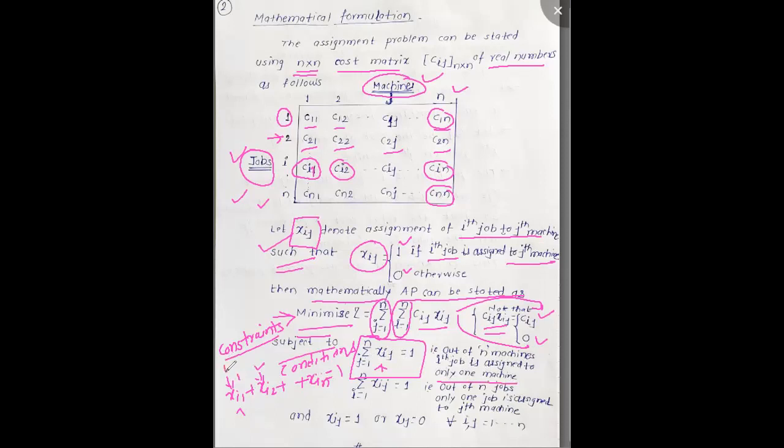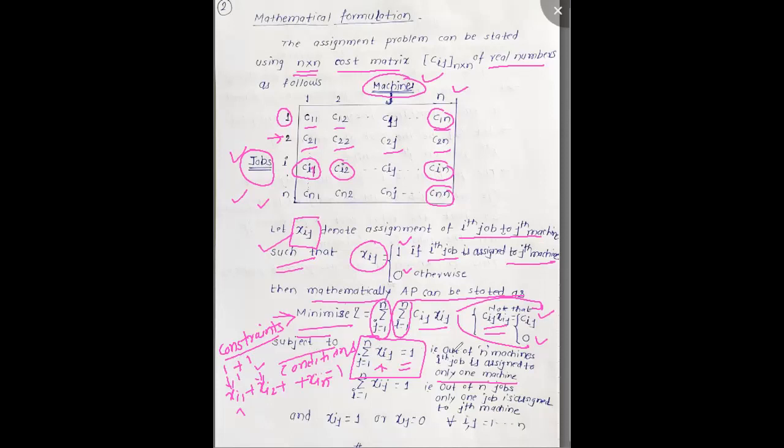Then this variable will take value 1, this variable also takes value 1, and 1 plus 1 will be 2, and the equation will not be valid. We want the sum equal to 1. So we cannot assign the ith job to more than one machine. We have to assign it to only one machine.